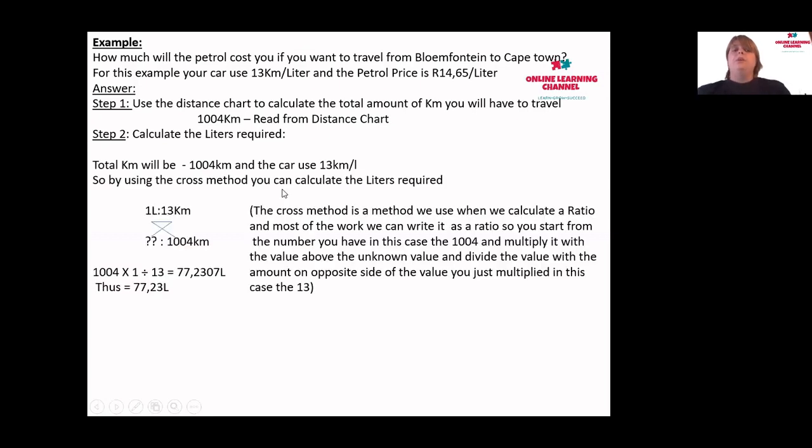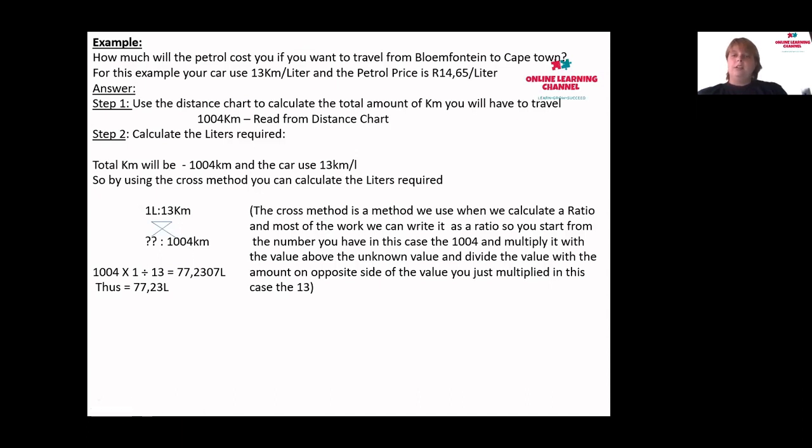By using the cross method, you can calculate the liters required. If you don't know the cross method, here's a quick example. The cross method is a method you use to calculate a ratio. Most of the work can be written as a ratio. In other words, 1 liter gives you 13 kilometers. So how many liters do we need to get 1,004 kilometers?